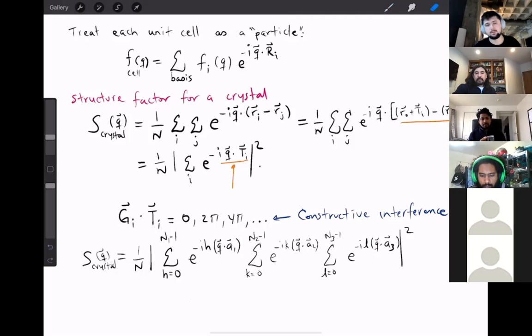So the intensity of the X-ray is going to have two components. One is coming from what type of atom you have, right? And the other one is coming from the positions of those atoms. So in this case, this is intensity again, that's why it's the square, of positions.